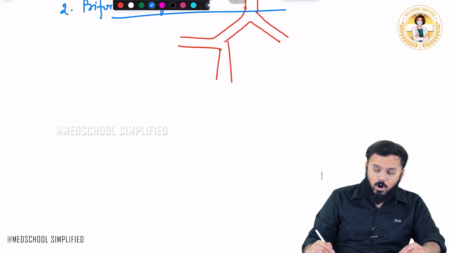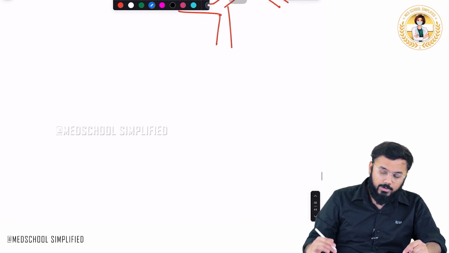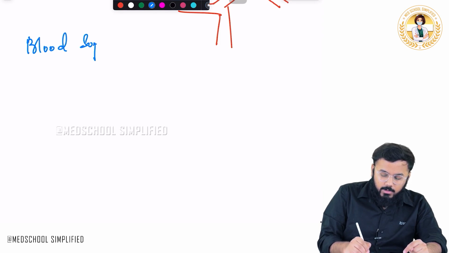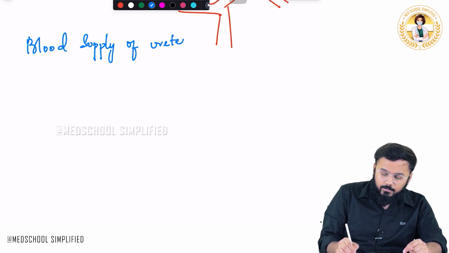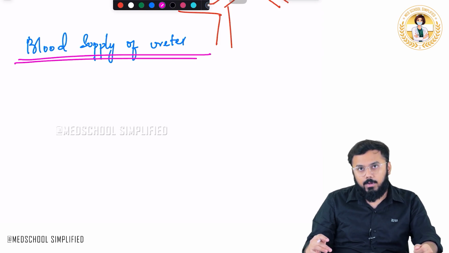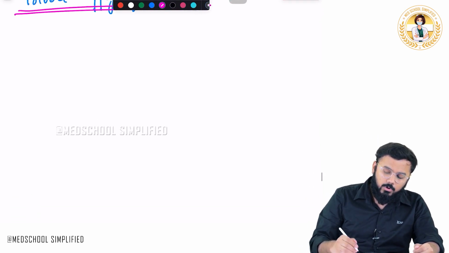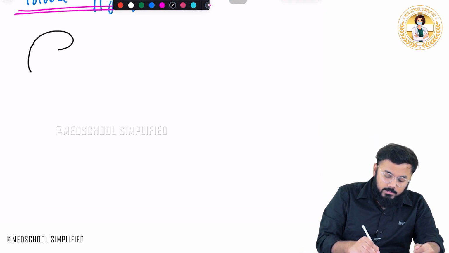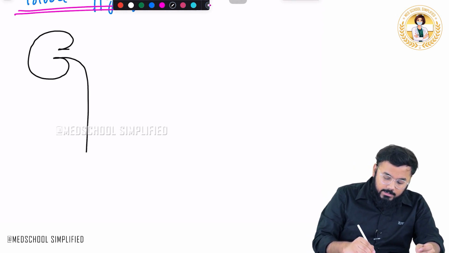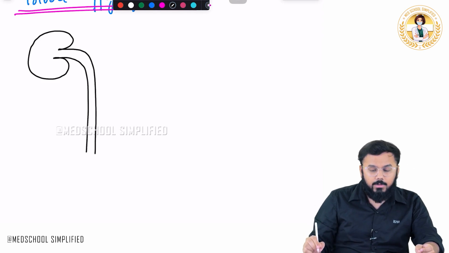Now, what is the blood supply of the ureter? What is the artery that is supplying it? Can anyone guess what kind of arteries supply the ureter? The first important thing to know is, let us say this is your kidney, and this is your ureter over here.